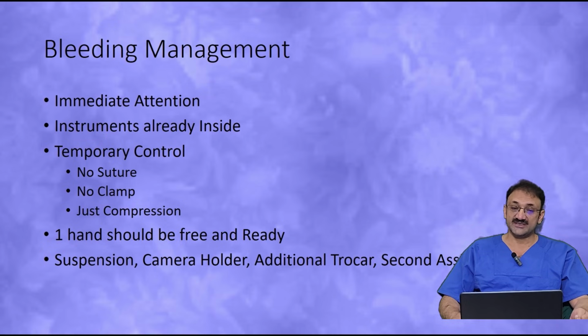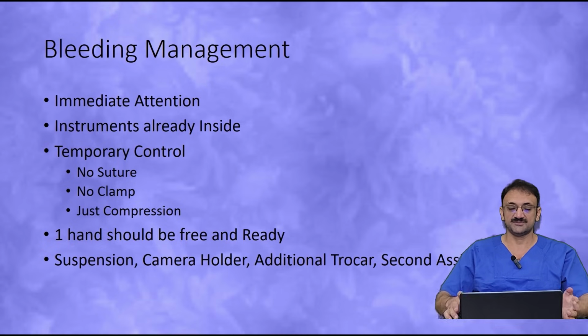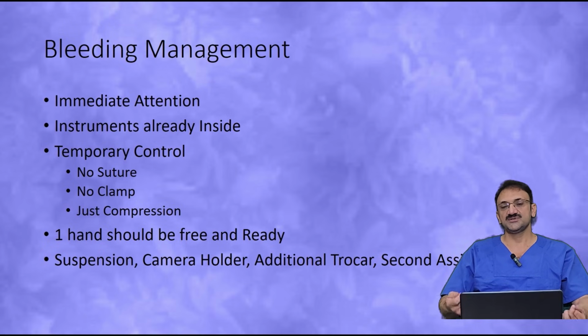The instruments are already inside. You do not really rush to place the instrument inside. The instruments are there, and of course, in one hand you must be having an atraumatic forceps, and you can just get in a gauze piece, or you can get in another atraumatic forceps to grab that place where it is bleeding, and then you take suction and remove all the red clots and blood from the field.